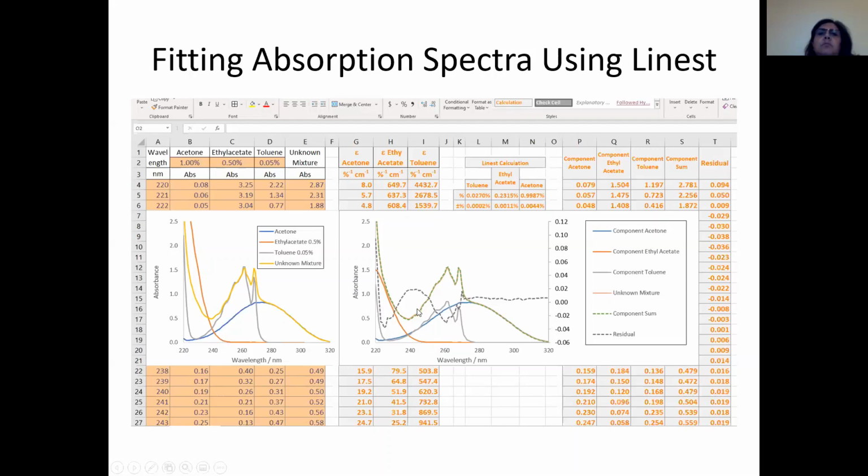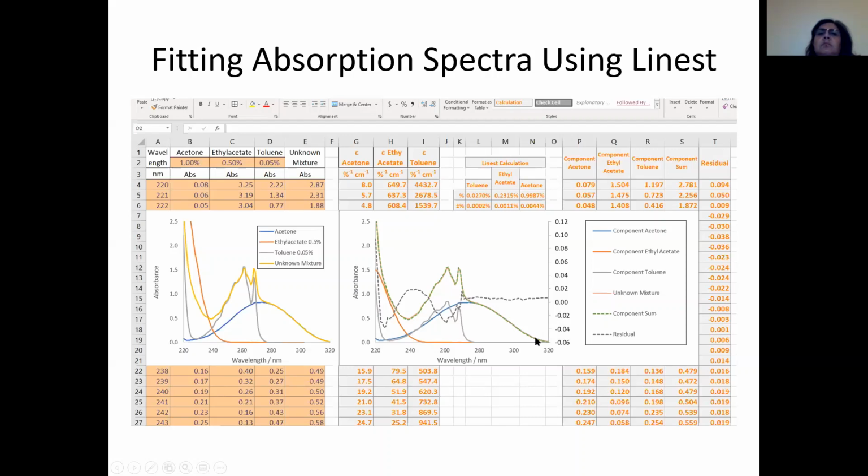So when you add those up, you get what's called a component sum, right? The component sum is this dashed green line. And then the mixture is a golden line here. And you can see that they overlap almost exactly everywhere.